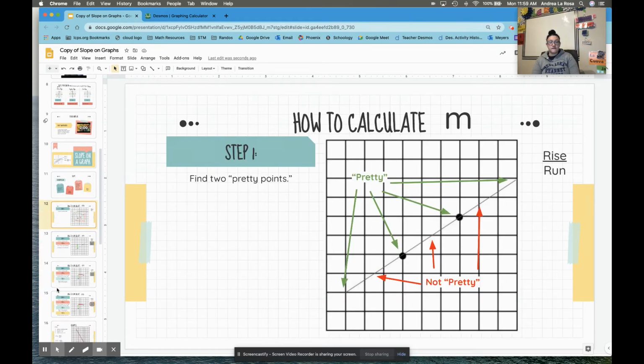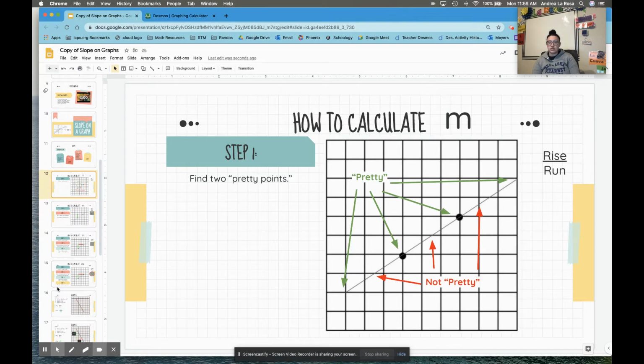So the first step to calculate the slope is you're going to need to find pretty points. Now, these points aren't pretty because they look the best. Well, they kind of are. Points are pretty if I can read my graph and I know exactly what that number is. So if I look at that point, I know exactly that that is over 1, up 2.